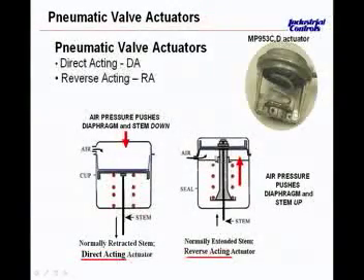So their air pressure comes in underneath this bladder and actually stretches this spring. And then when the air pressure is released, then that spring returns back to its normal position. So once it starts to build up pressure, that stem is retracted and goes up into itself. And then once the air pressure goes away, then the spring returns back, and then that stem goes back out itself outside. So that's how you would actually see the operation of this direct acting or reverse acting actuator.